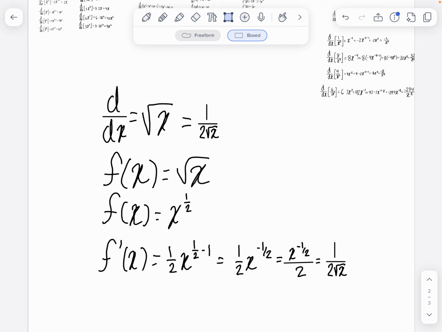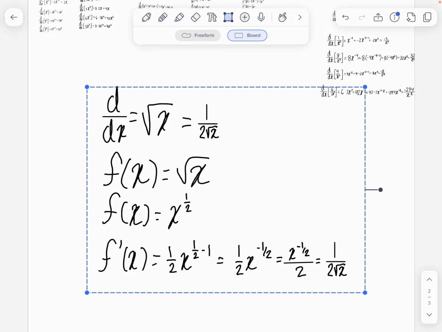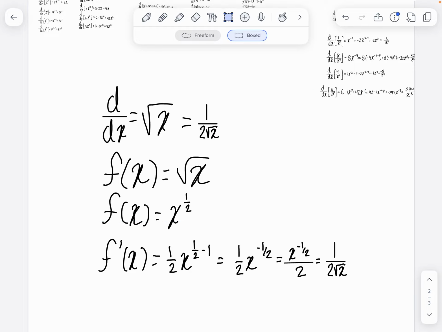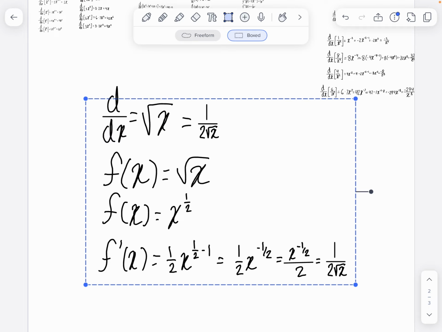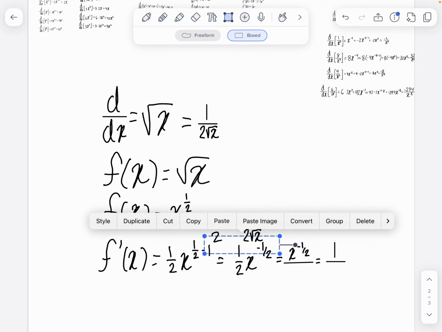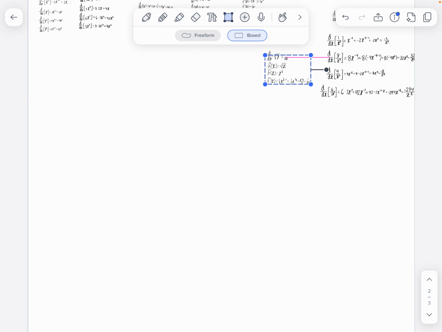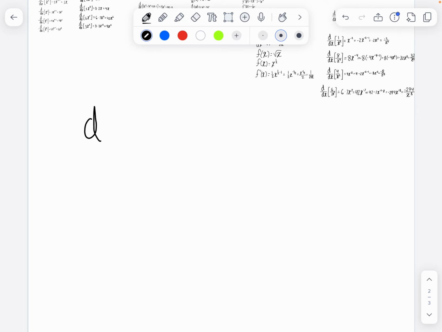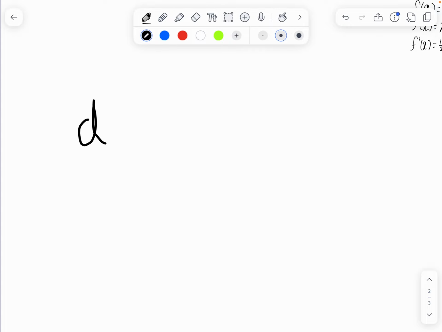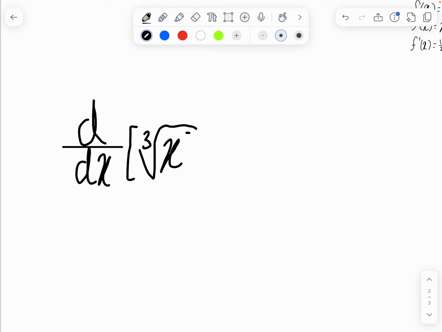Let me write down some questions for you to do. Find the derivative of the cube root of x to the power of 5.